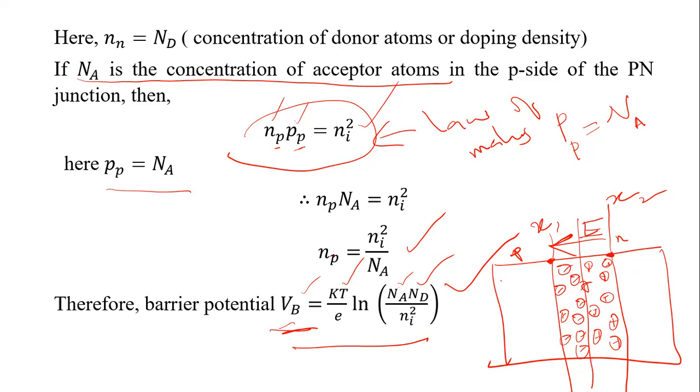So barrier potential is something we can control by controlling the doping density, that is, the number of pentavalent atoms and number of trivalent atoms inserted per unit volume. So this is what I would like to discuss here.